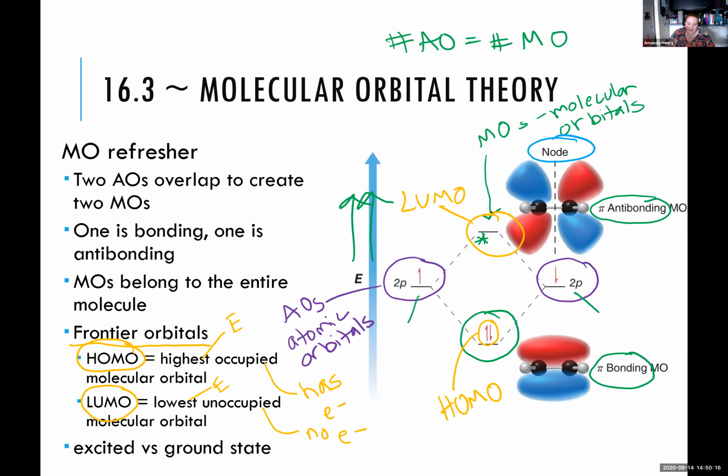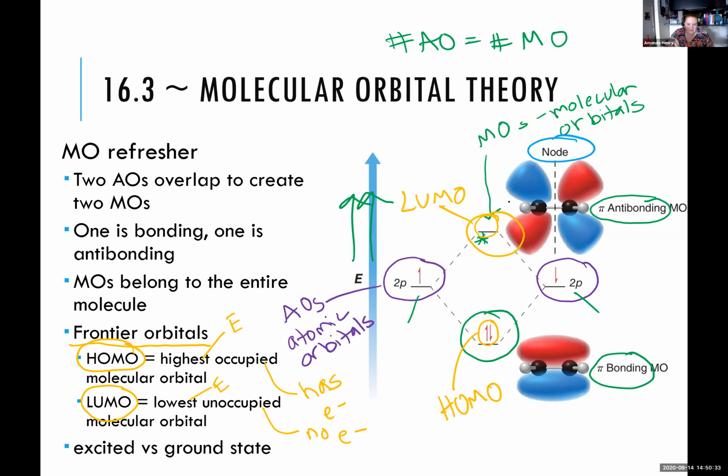And the other one doesn't have electrons, so that makes it unoccupied. And it's the lowest energy orbital that is unoccupied. So in this case, we only had 2 to choose from. But when we look at a larger one, it might make a little more sense.